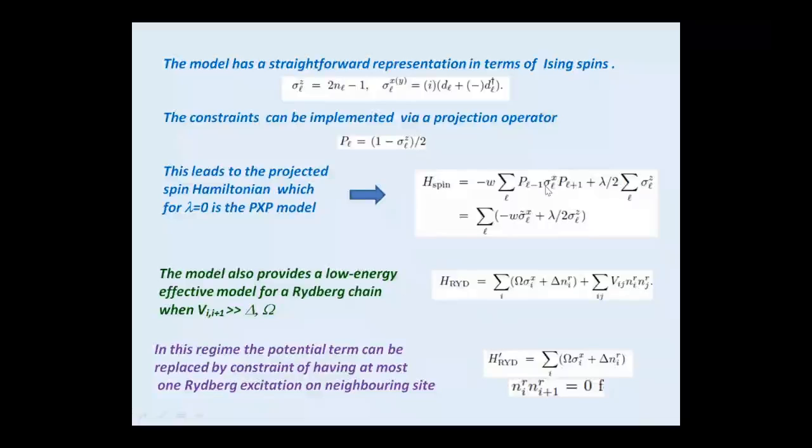So you have a sigma x, which is like d plus d dagger, and the constraint is implemented by putting in two projection operators at two neighboring sites, so that the sigma x can only flip a dipole if it doesn't have a dipole on neighboring sites. And of course this n is sigma z, and we have ignored a constant. So this now becomes a term which is like sigma x tilde, which is this whole operator, projection sigma x projection, plus lambda times sigma z.